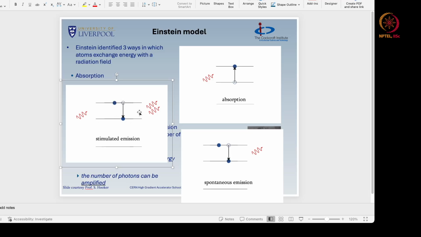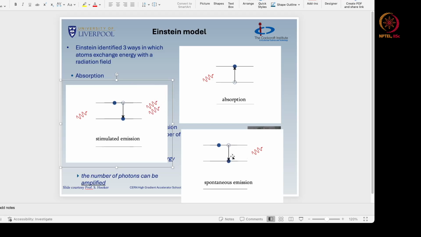Now two photons get emitted. These photons are coherent. They have the same phase, and they are emitted in the same direction. So this is what is called stimulated emission. You give one photon, you get two photons out of the system, which are coherent to begin with. Remember the word coherent.